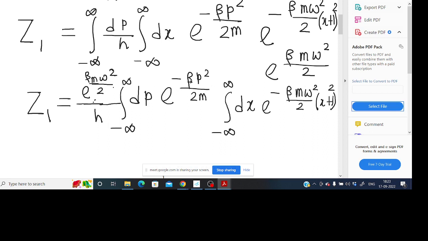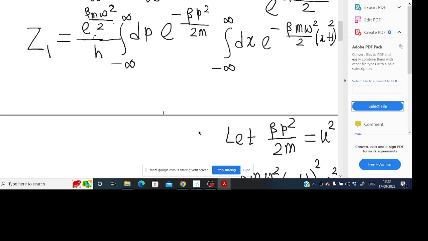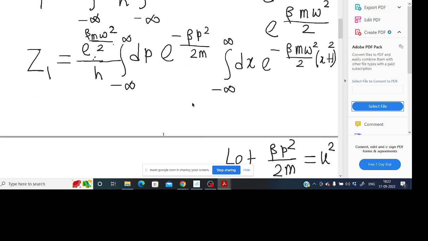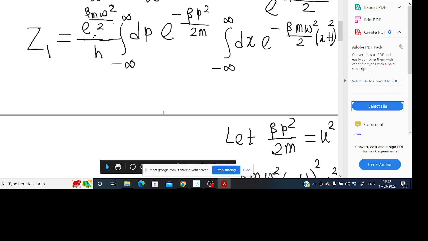For evaluating the first integral, we'll assume that beta p square by 2m equal to, say, u square. So this means p equal to root over 2m by beta into u, and similarly we will assume that beta m omega square by 2 into x plus 1 whole square equal to v.